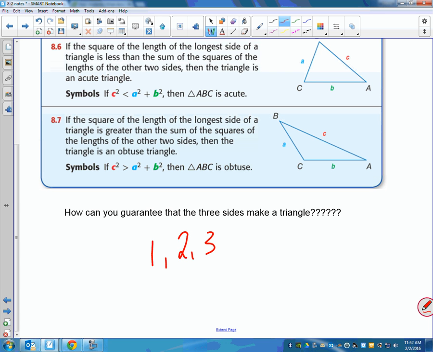But here's the rule: any two sides of a triangle have to add up to be more than the third side, or it doesn't make a triangle. Didn't we do that? Okay, just making sure that we talked about that. So this would not make a triangle, which means sometimes they're going to trick you, and they're going to say, does this make a right triangle, an acute triangle, or an obtuse triangle? Sometimes the answer is going to be it makes no triangle, because these two sides have to be bigger than the third side.